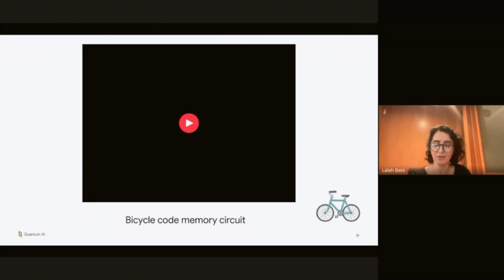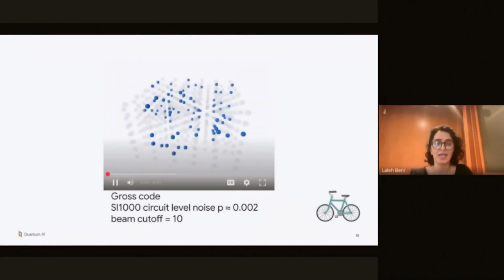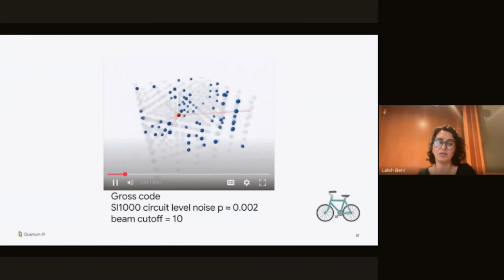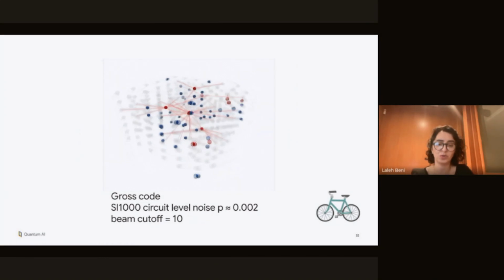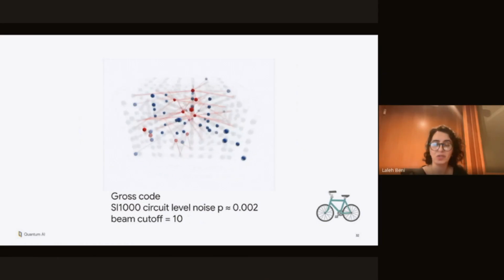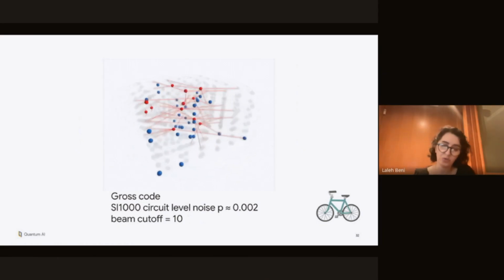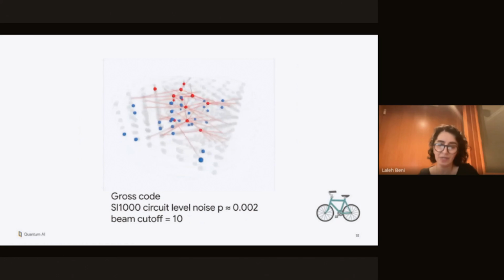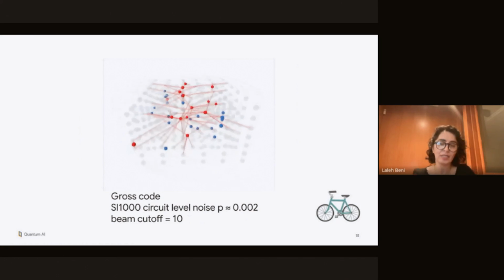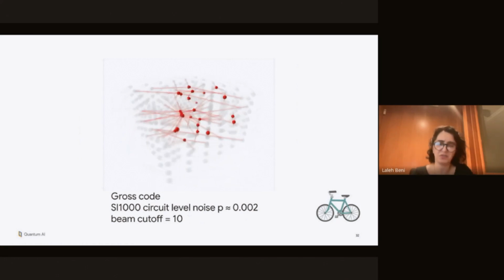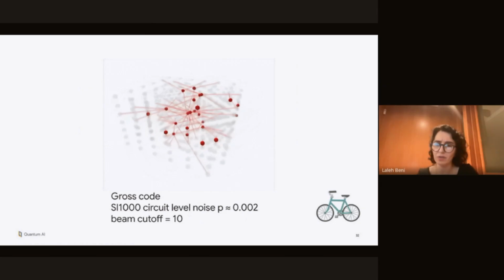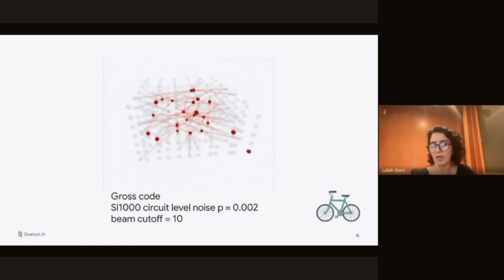You saw how dense it was. And when we wanted to run decoding with Tesseract for that gross code with a noise level of 0.002 and a beam cutoff of 10, you can see that Tesseract is progressing pretty fast and got the answer, even though it was pretty dense. We have the answer pretty fast.